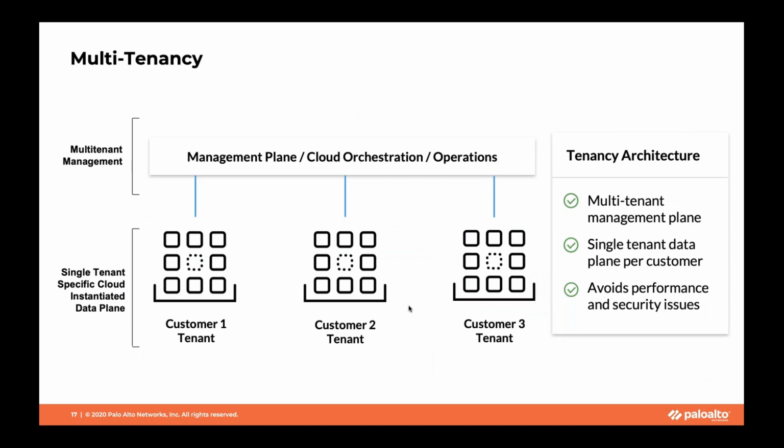Now, Prisma Access is also multi-tenant. Multi-tenancy is an important component of a SASE solution. What does that mean for Prisma Access? The management plane, the orchestration and the auto-scaling are multi-tenant managed. So you can set up different customers as an integrator on Prisma Access, but every customer will have their own dedicated data plane.